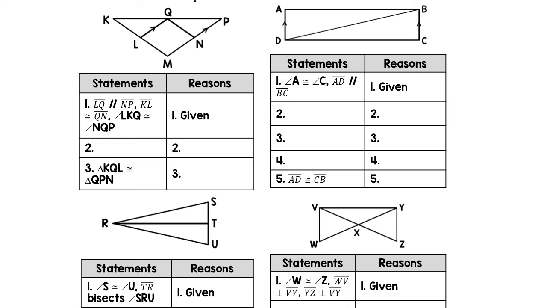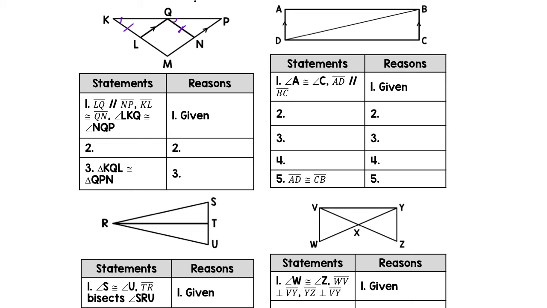Segment KL is congruent to segment QN. So let me mark that. KL is congruent to QN. And angle LKQ is congruent to angle NQP. All right, so we've got a side and an angle. We have to figure out what else we can say.